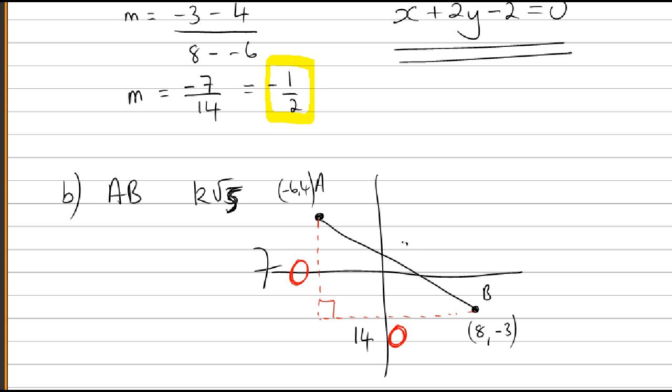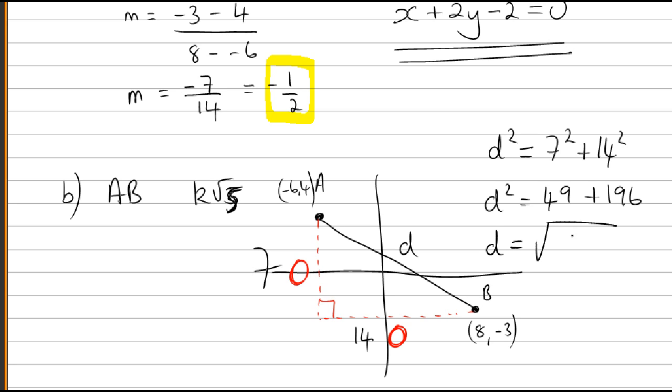So if we call this d, the distance between A and B, then d squared equals 7 squared plus 14 squared. d squared equals 49 plus, well, 14 times 14 you should know as 196. So d equals the square root of 245.